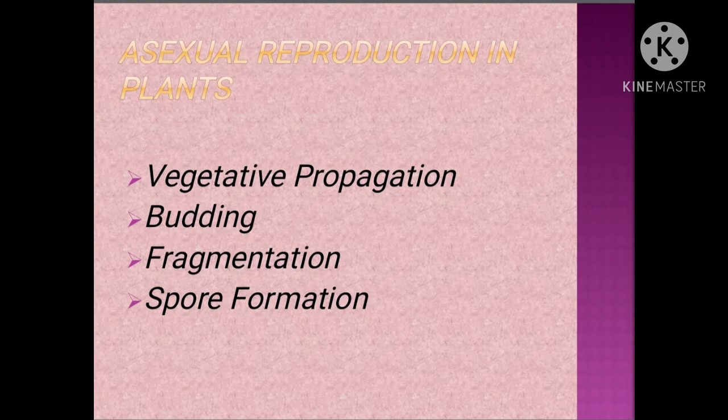Third is fragmentation. Common example: spirogyra, which is a form of algae. Fourth, spore formation. Examples: bread mold, fern, mosses. These are a few asexual methods of reproduction in plants.